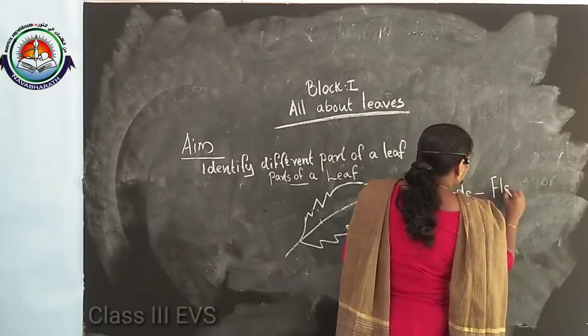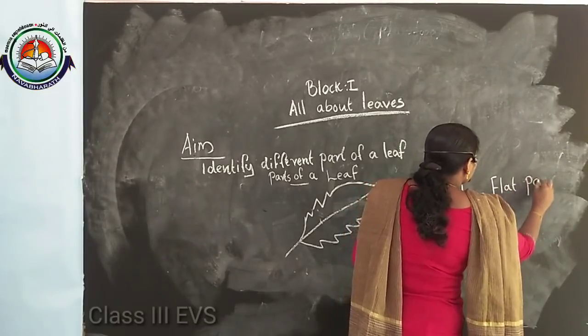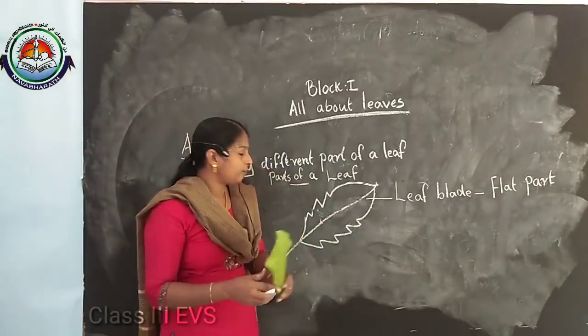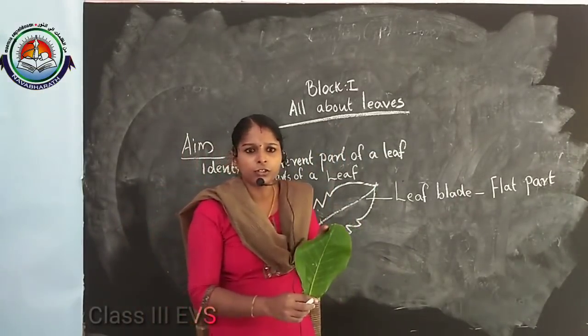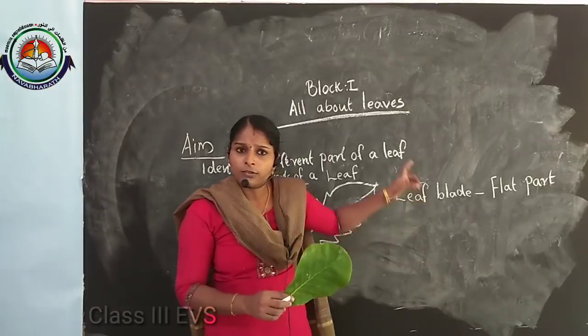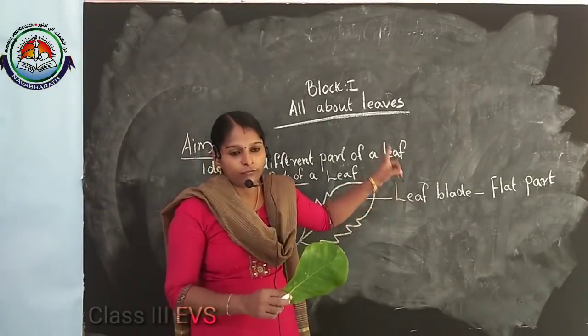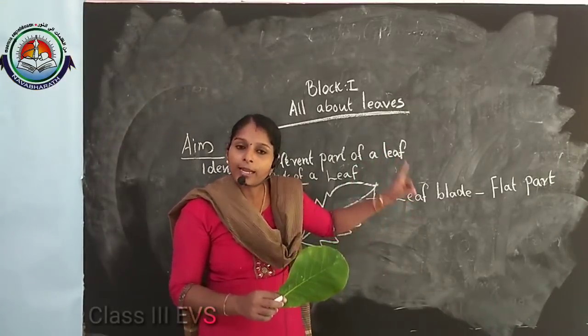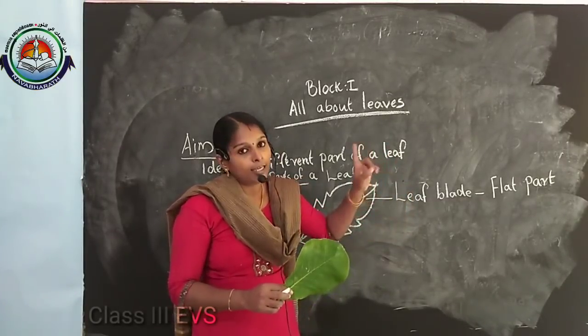I think everybody understood what a leaf blade is. So the first part of a leaf is the leaf blade. It is the flat part of a leaf.